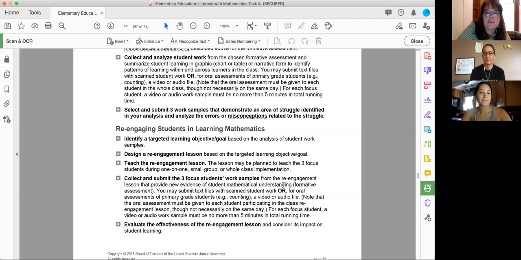I just quickly, because I have it up, the special ed one doesn't have a task 4, so it is more similar to the secondary, so it has 3 tasks. So I think it would be okay for task 3. It would be okay to use an assessment at the end of the learning, a summative assessment.